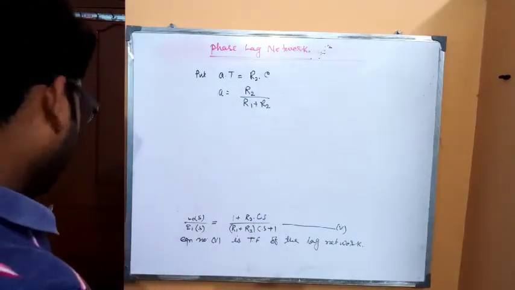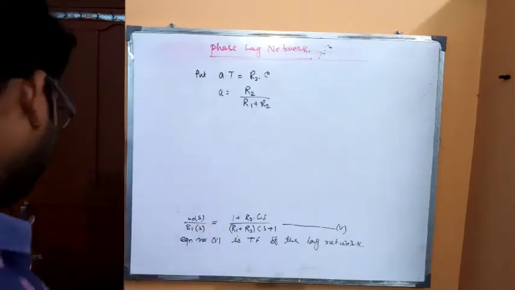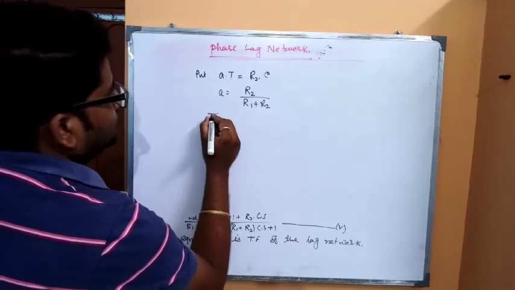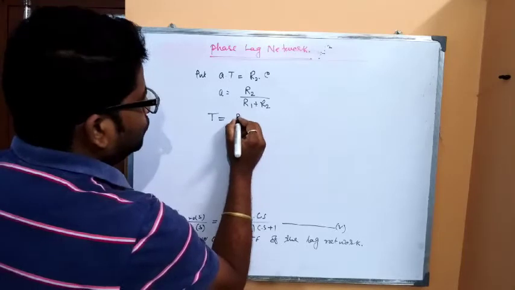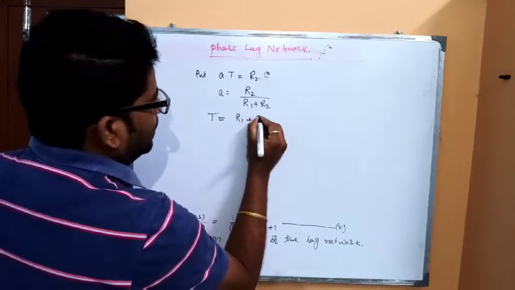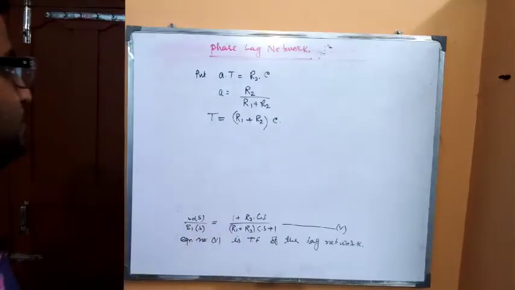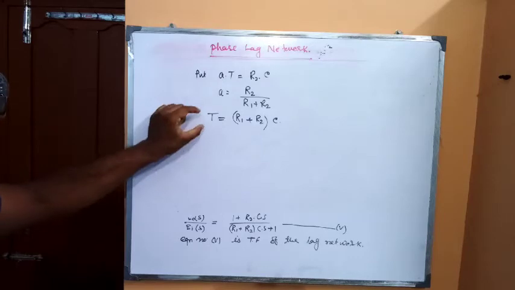Then the value of T, putting in the value of A, is equal to R1 plus R2 into C. R2 gets cancelled. If we put the value of A in the above expression, we get the value of T like this.